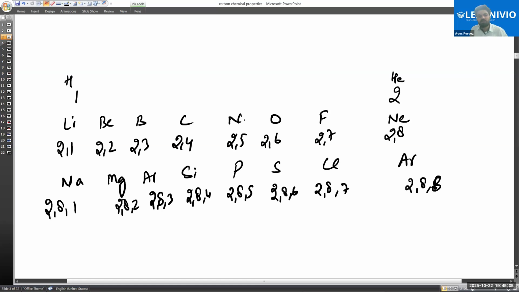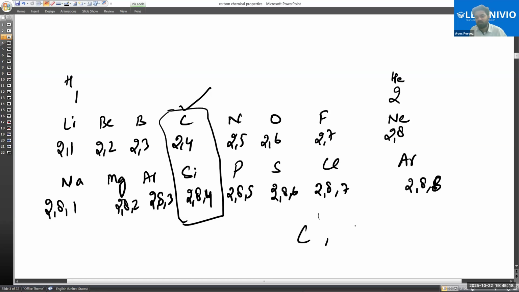You will notice that carbon and silicon are the ones which have four electrons in the outermost shell. Silicon has an extra shell. Carbon is 2,4 and silicon is 2,8,4. Because of the extra shell, silicon is not so versatile in nature.